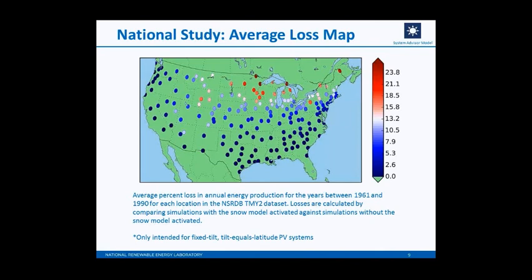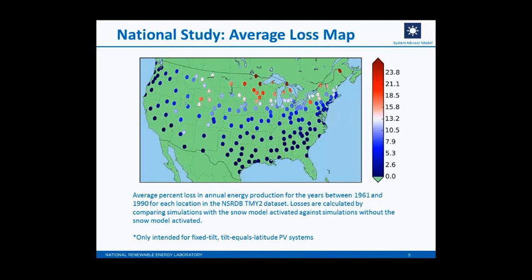So this isn't a perfect model, but nevertheless, this model was never really intended for time intervals of monthly or shorter, and instead it's only meant to be accurate on annual timescales. In our 3 validation studies, looking at the Forrestal system and also 2 other systems in the Colorado area, the snow model has been shown to significantly improve annual energy estimations.